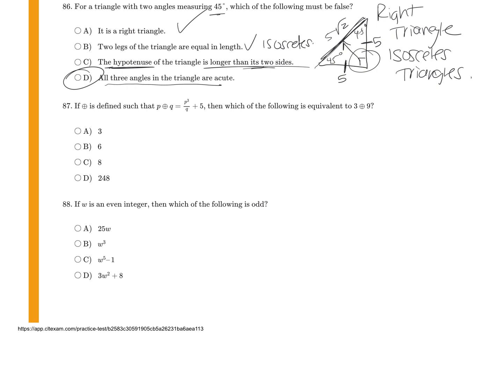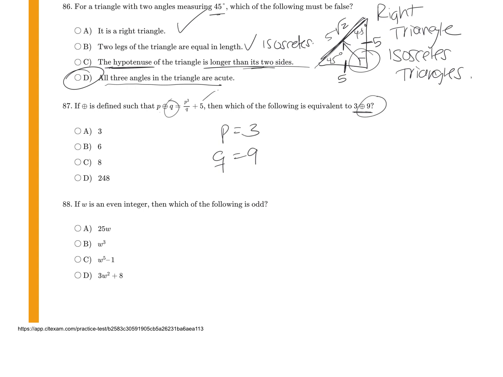Okay, number 87. If the circle with a little square, that little symbol, is defined such that P cross Q is P to the third divided by Q plus 5, then which of the following must be equivalent to 3 cross 9? We did this in class. You just follow the formula. 3 is in front of the little circle with the square, so that means P equals 3. Q is equal to 9 because it's after the little symbol.